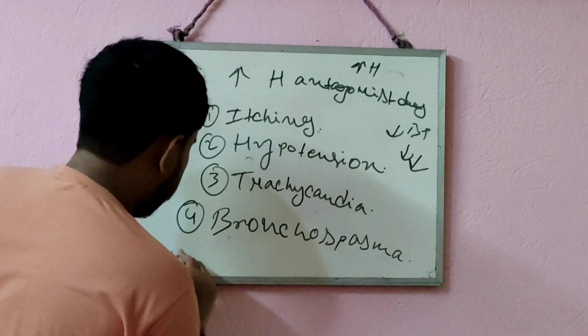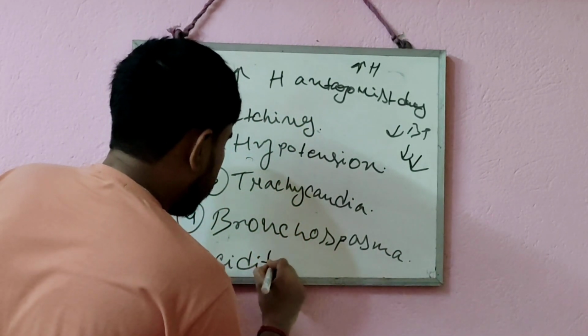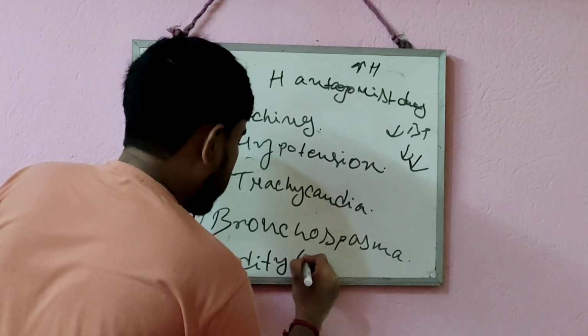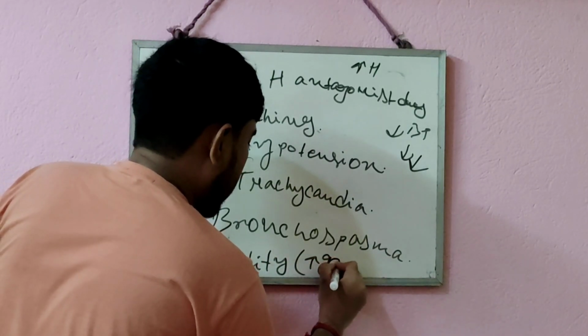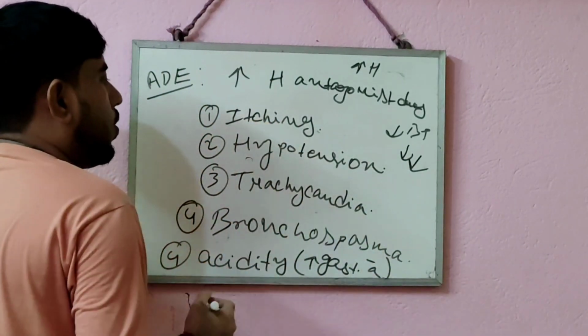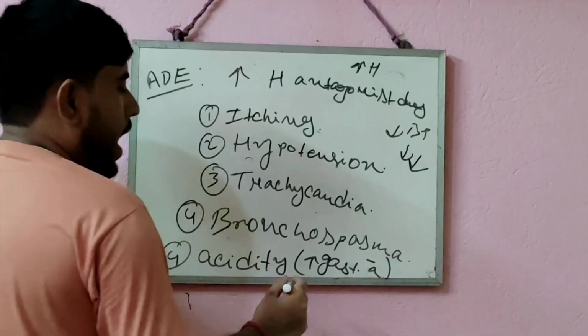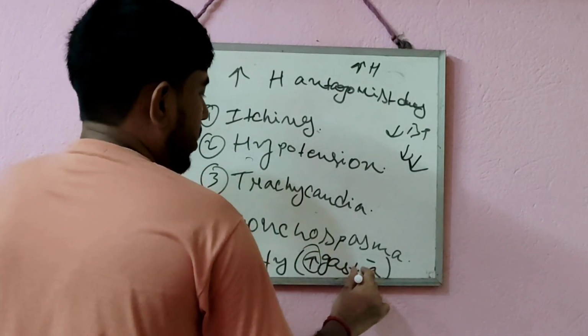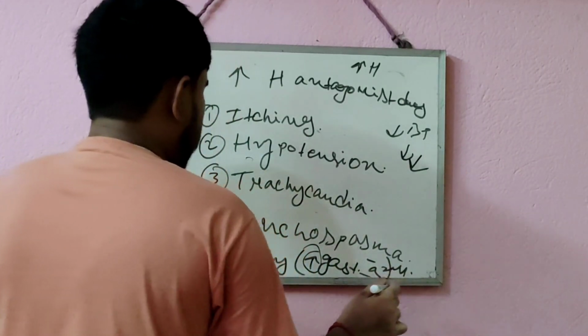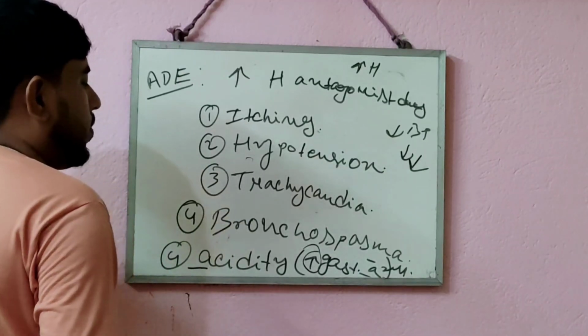And the fifth is acidity, because I have told you that histamine generally promotes the secretion of gastric acid. So sometimes overuse of these drugs for a prolonged period of time can cause a high increase of gastric acid release, which ultimately creates acidity in our body.